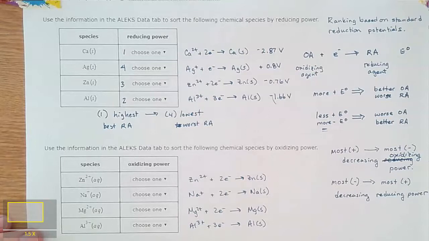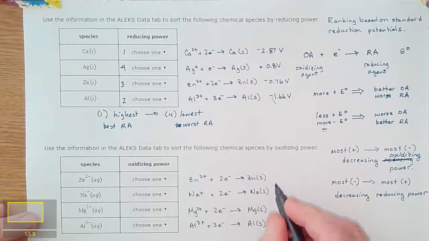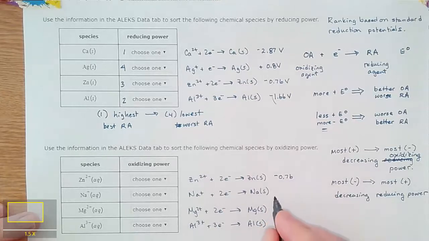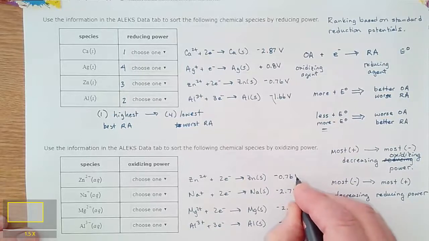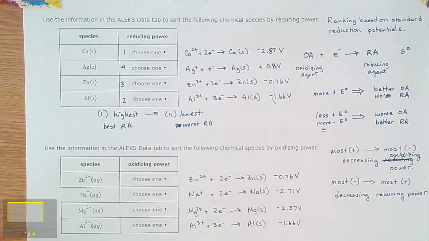Down at the bottom, let me give you those numbers. Negative 0.76 for zinc, negative 2.71 for sodium, negative 2.37 for magnesium, and negative 1.66 for aluminum. And these are all in volts. So here we're wanting to rank things in terms of oxidizing power.